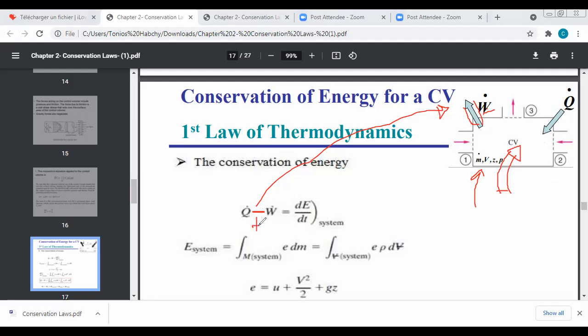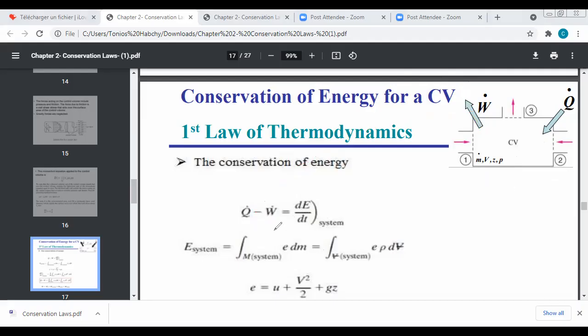Both at the end will give you the same result. When I use minus here, the rate of work going out is positive and the rate of work coming in is negative, while if I use plus here, everything coming in is positive and everything going out is negative.